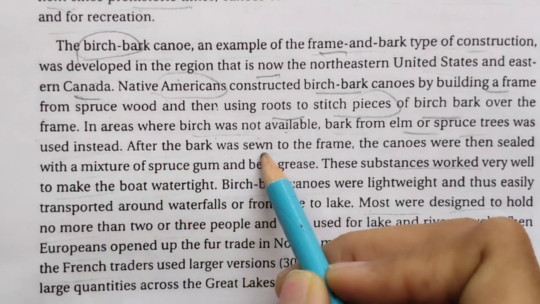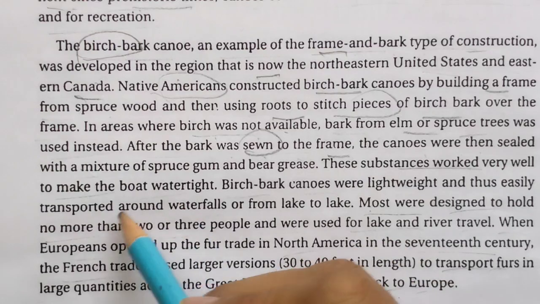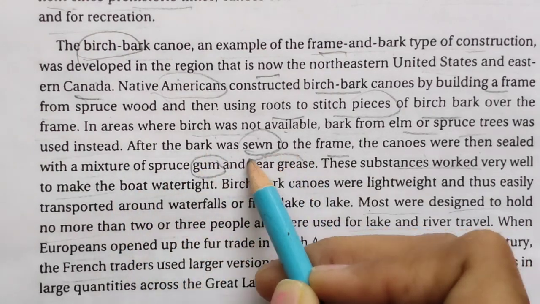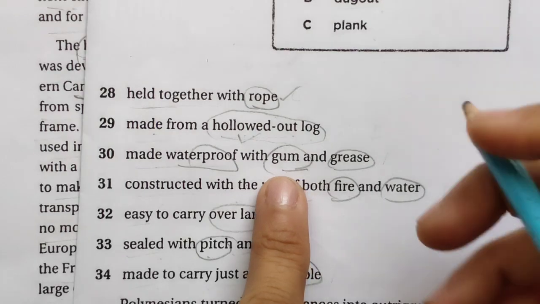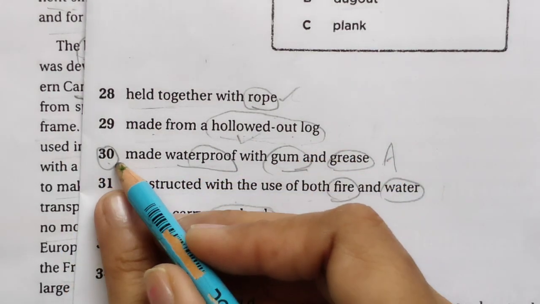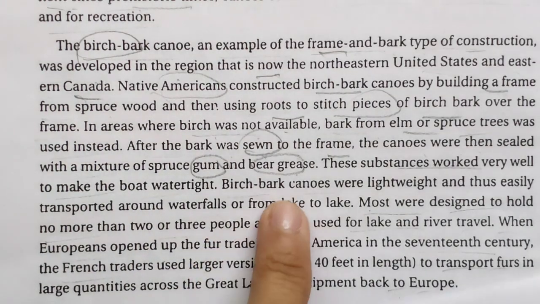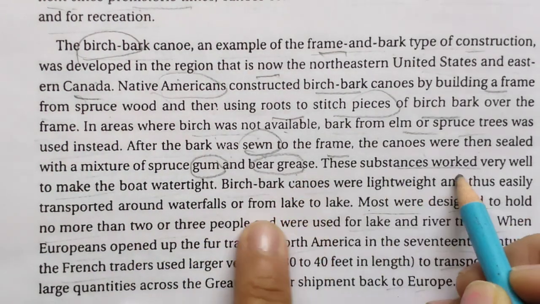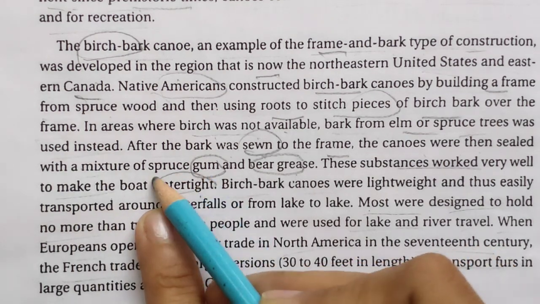After the bark was sewn to the frame, the canoes were then sealed with a mixture of gum and bear grease. So these 2 words were there, so I will just mark it A here. Okay, now we have done that. You can do it like this also. Now these substances worked very well to make the boat watertight.